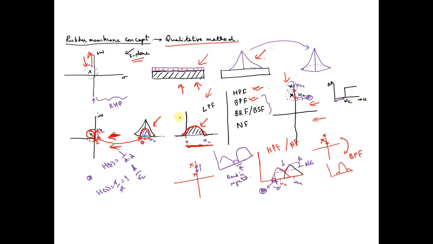In the band pass filter, you place two poles.